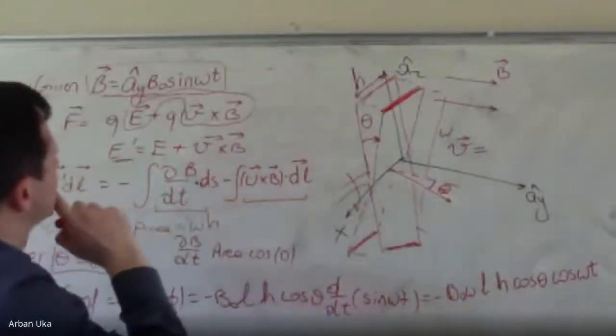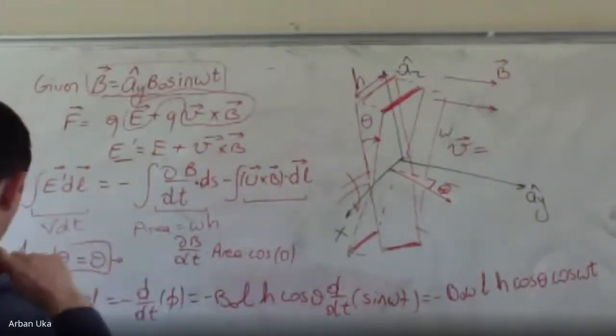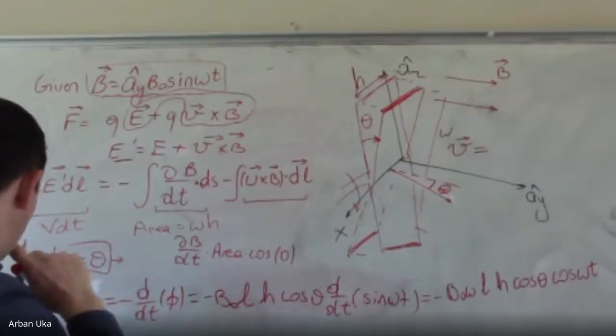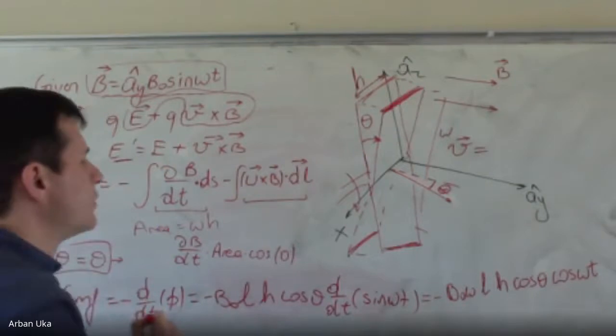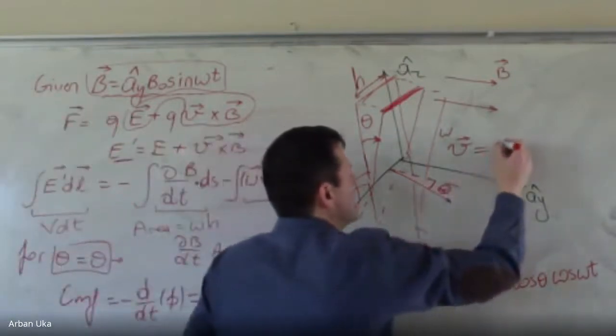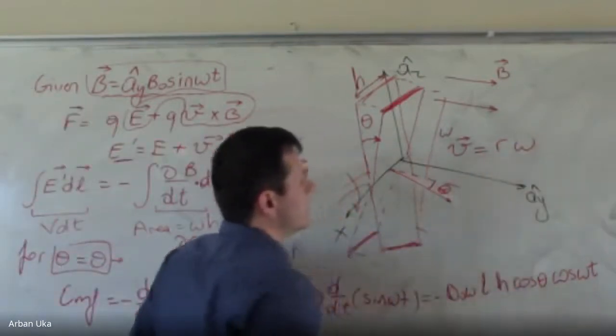The velocity should be equal to, but let's also assume the rotational velocity of this circuit. We know that velocity is always equal to R times omega.